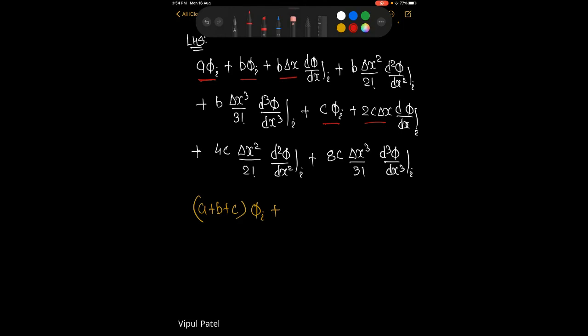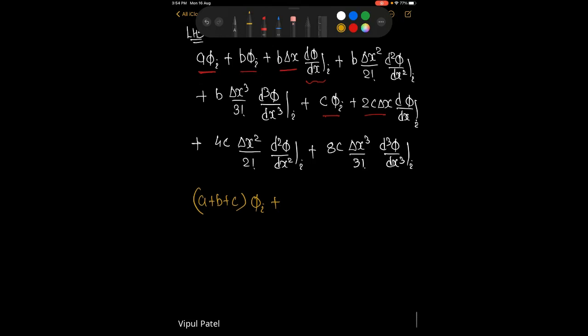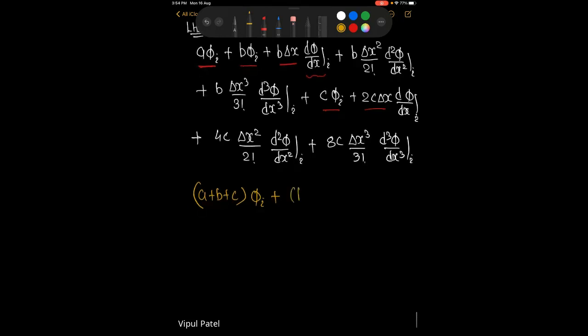So if I try to club the terms which are associated with d phi by dx, then these are the terms, right? So b delta x plus 2c delta x. So my term is actually b plus 2c and delta x and d phi by dx at node I, right? Similarly, I'll try to club the terms which are associated with d square phi by dx square.